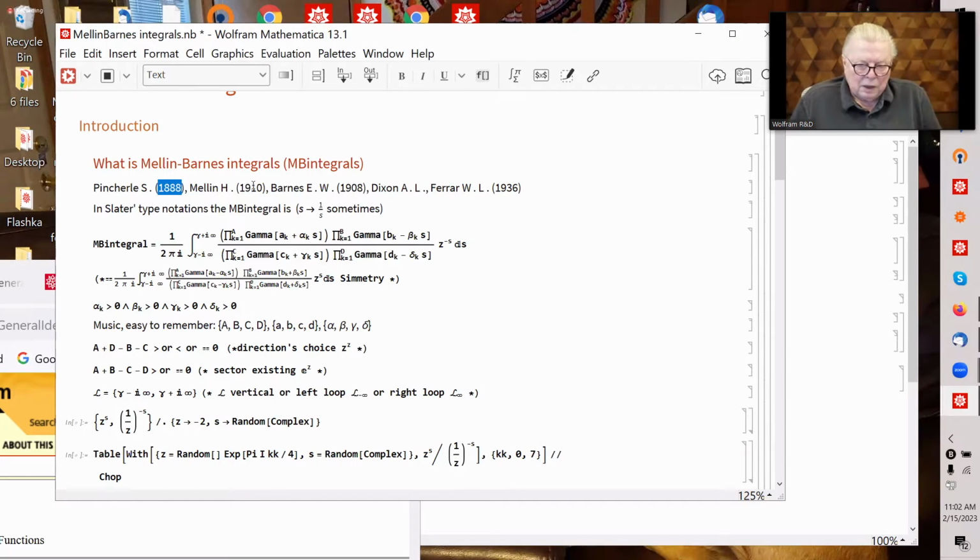Then Mellin and Barnes studied this, and Dixon and Ferrari studied it later on, and after this, later in the 1940s, Meyer introduced the function using these representations.